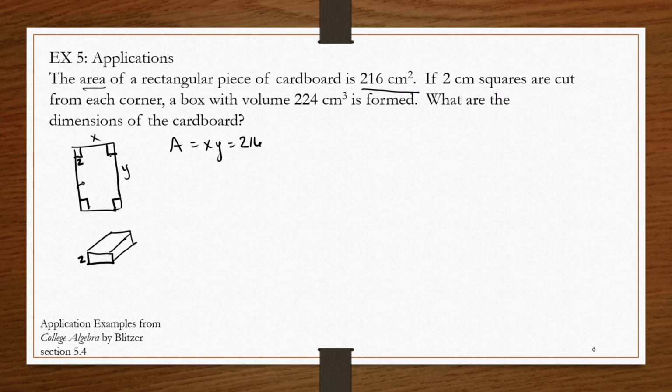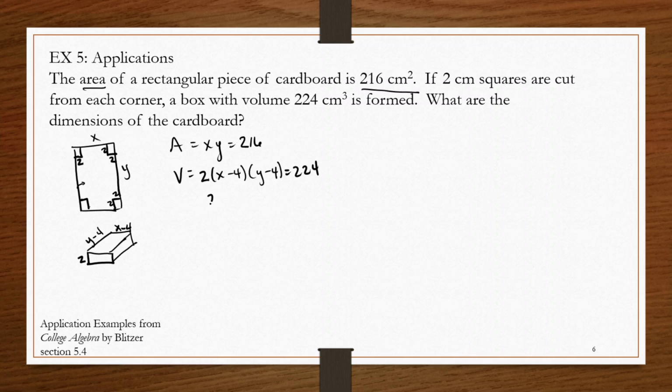Well, if this square that we cut out is 2, then this new width is x minus 4. And if it's a square of 2, then the y is also going to be affected by it and be y minus 4. So the volume is going to be 2 times x minus 4 times y minus 4.